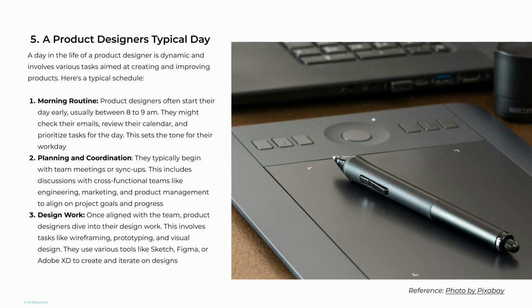So you'll not just meet with other designers, of course, you'll meet with developers regularly, probably marketing people and product management people as well. And they may not all be in the same meeting, or they may be.